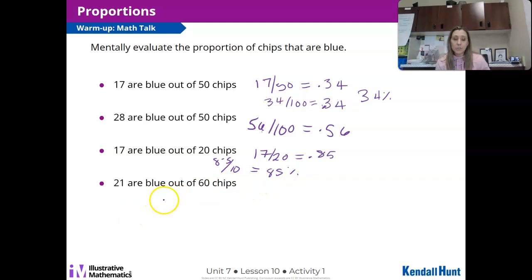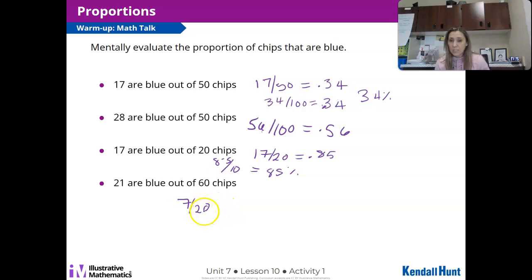And then the same is true here. So this one is, again, a little bit tricky. So 21 out of 60 would be the same. If we were simplifying that down, we could do 7 out of 20, which then we could do half and half again.